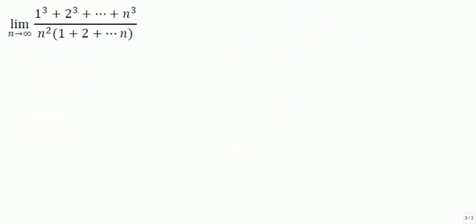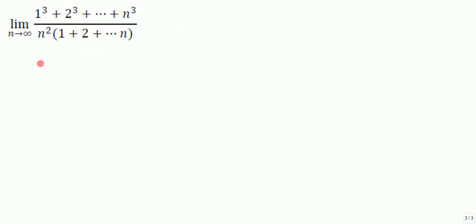Next sum: limit n tends to infinity, 1 cube plus 2 cube plus till n cube upon n square into 1 plus 2 till n. It is indicated as sigma n cube and this one is sigma n.